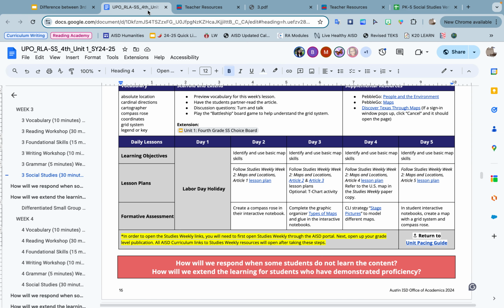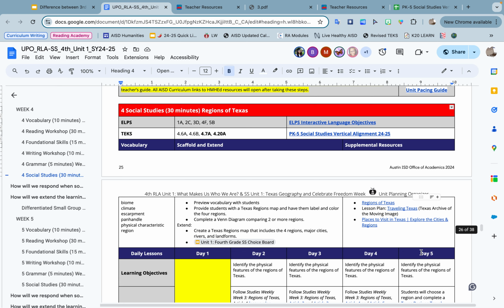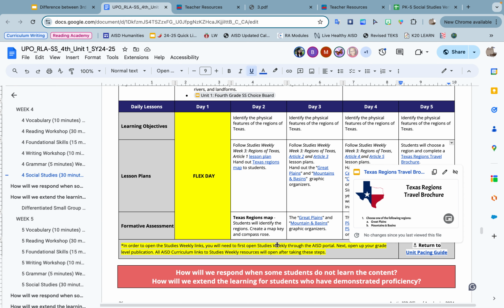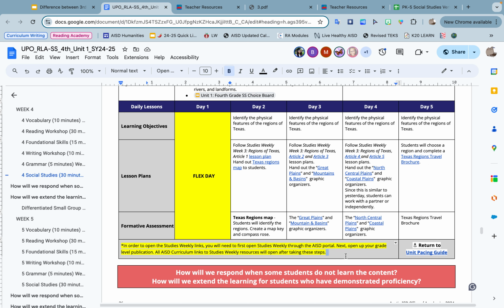But in the lesson plan, we chose instead to do the travel brochure as a way of using and applying that information. So that is it for the Studies Weekly. Just a reminder, at the bottom of every lesson week, you will see you have to open Studies Weekly through the portal in order to click on and open these links.